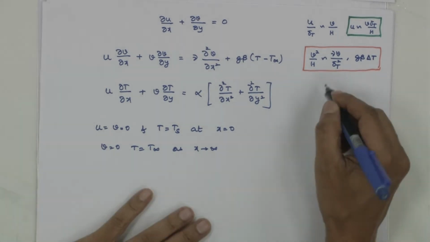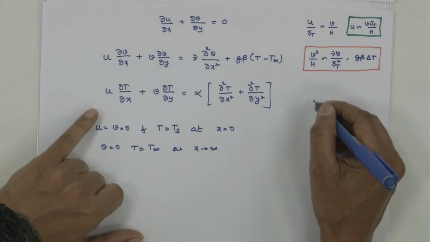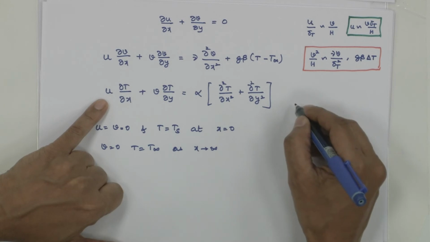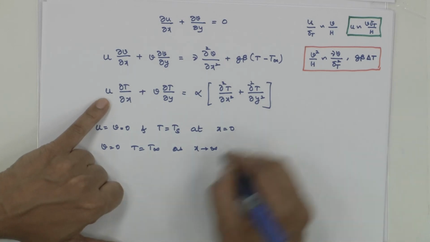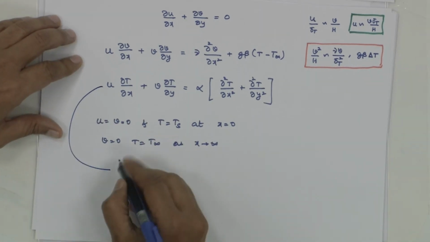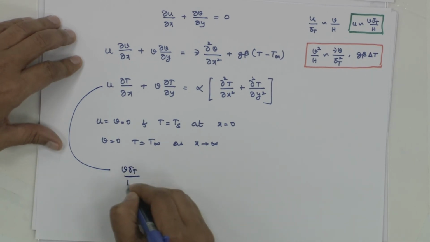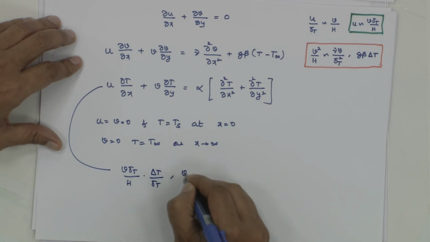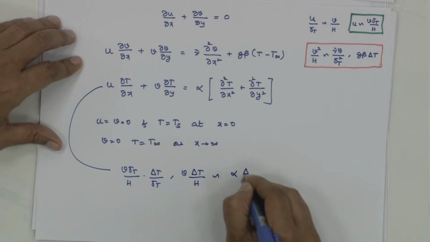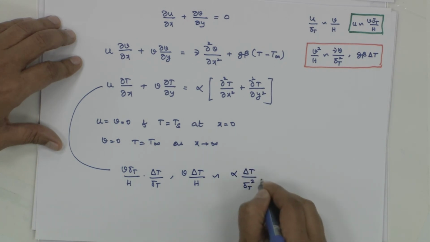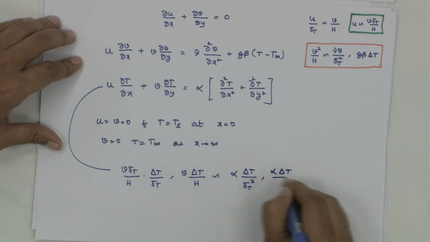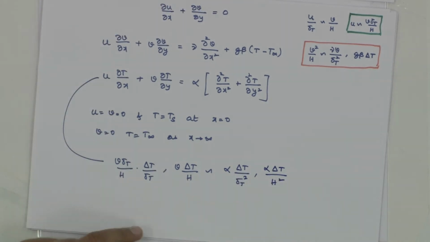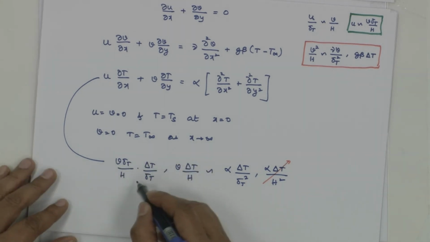Then v we find from the energy equation. From the energy equation we will be able to find v. U is from here: v delta T by h, delta T upon delta t, comma v delta T by h is of the order of alpha delta T by delta t squared, comma alpha delta T by h squared. This can be neglected because it is very small, and delta T gets cancelled out.